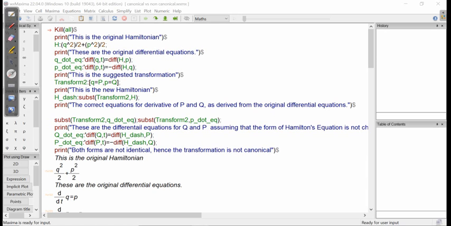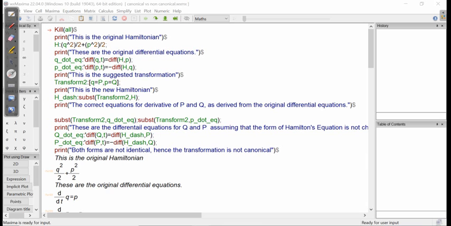Now, before trying to use this new Hamiltonian h dash to get q capital dot and p capital dot, let us first identify the correct equations for p dot and q dot. The correct equations for q capital dot and p capital dot are obtained from the correct equations for q small dot and p small dot. That's why I'm requesting here to substitute the transformation into the q dot equation and the p dot equation.